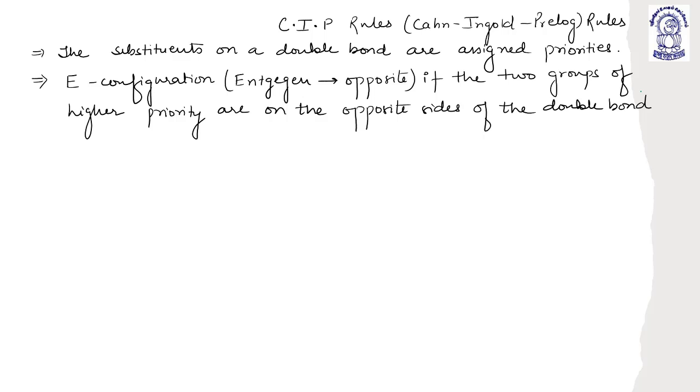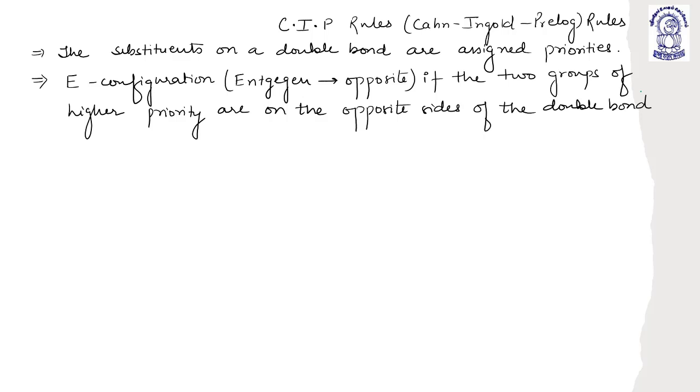When we come to the priority order rules, first understand that the E configuration is given when the two groups of higher priority are on the opposite, alternate sides of the double bond, known as the E or entgegen configuration.